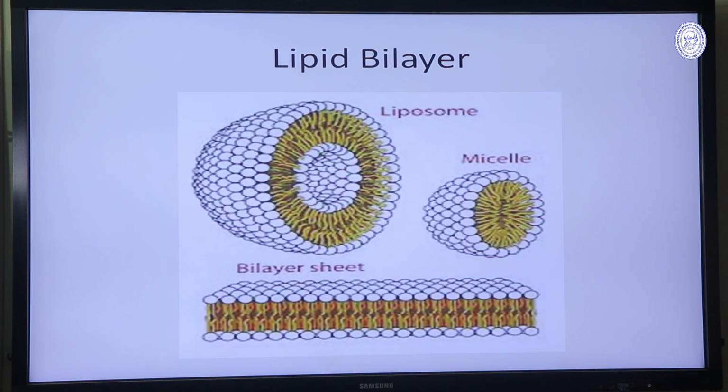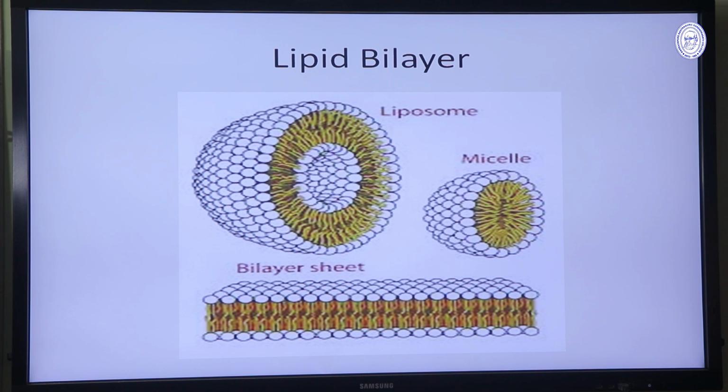Now, if the condition is such that both the outside and inside of this structure have water, what will happen then? The lipid will form a bilayer or a bilayered wall where the hydrophilic heads will face both the outside and the inside, and in between them the hydrophobic tail regions will get buried.